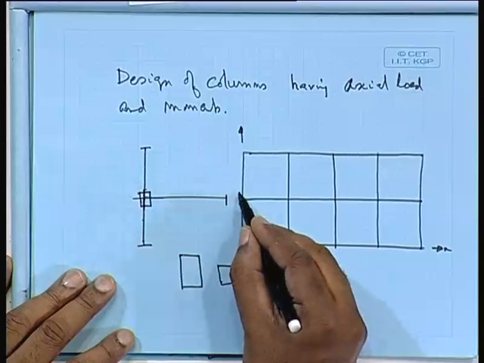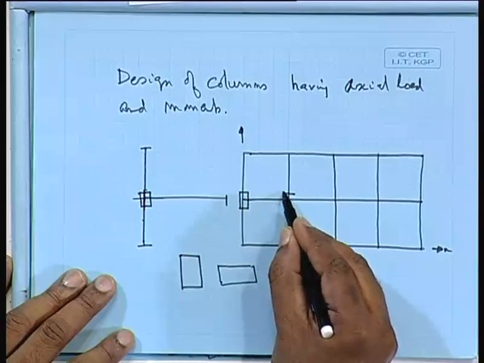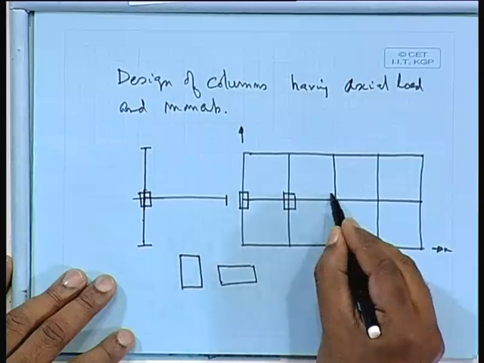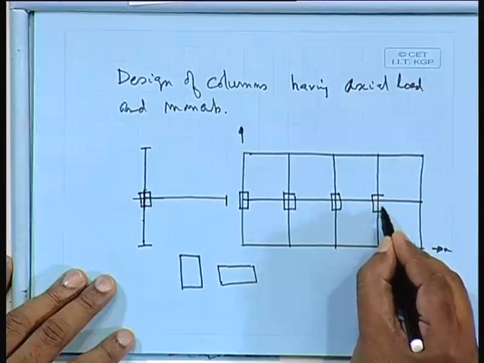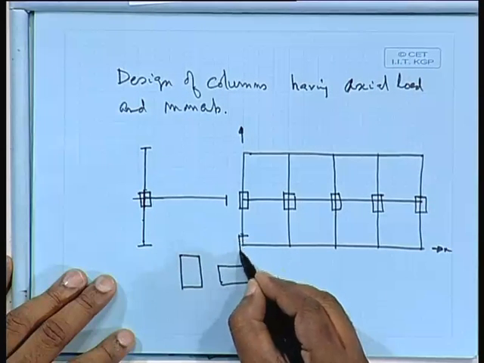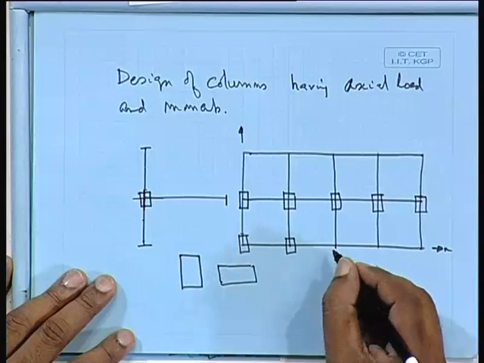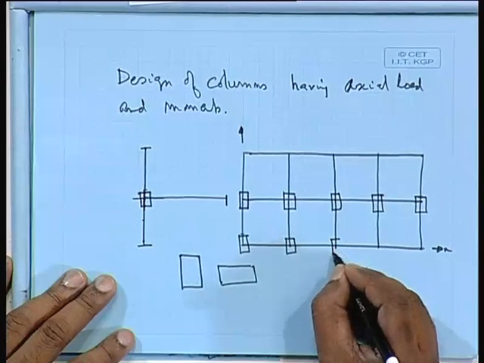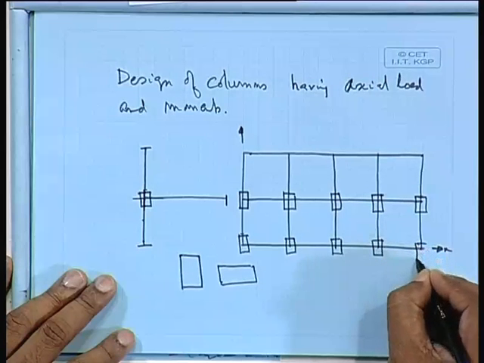Obviously, we shall provide the column in the direction where the second moment of area is less to resist that, because here there is not only axial load but bending also.